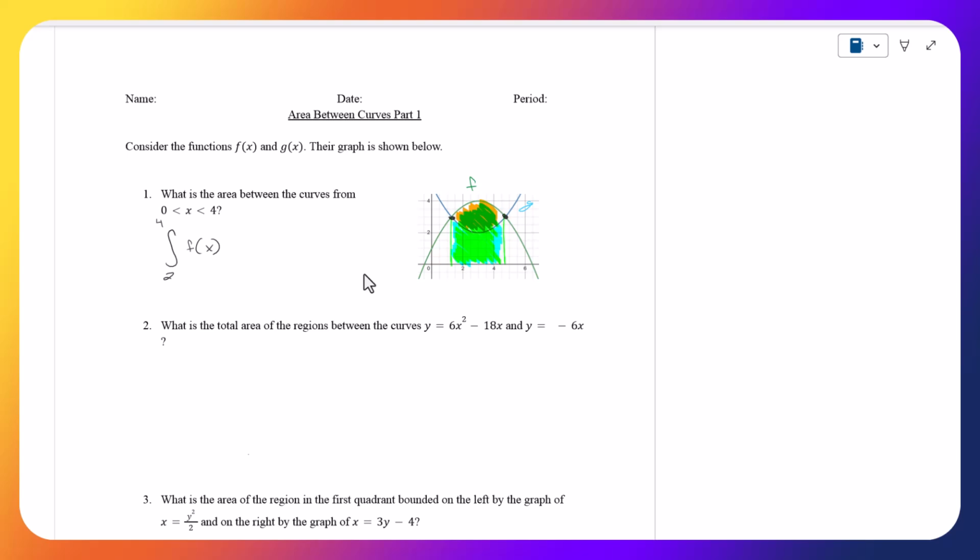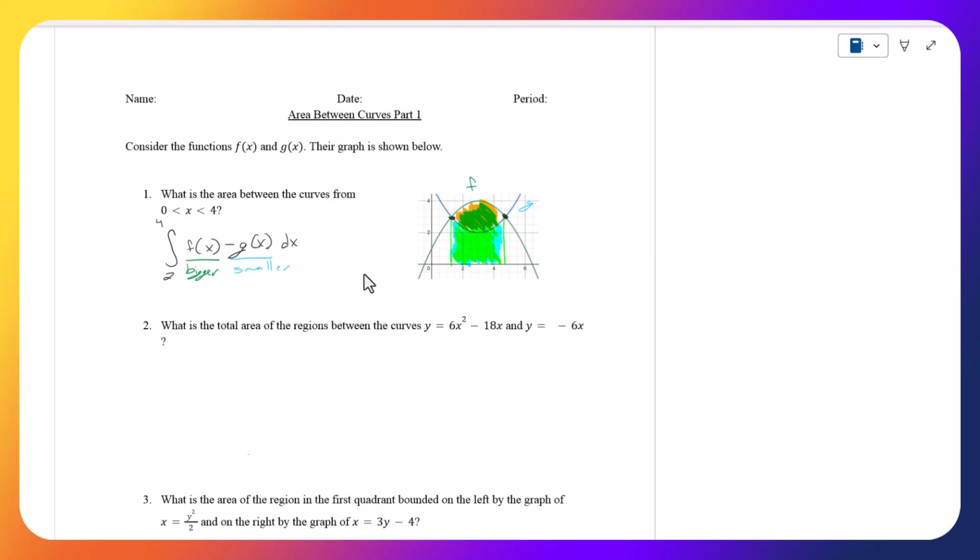To take away, that's the same as subtracting. So we're going to do our whole function minus our small function. And let me actually label that as well. This is our bigger function, and then blue was our smaller function.